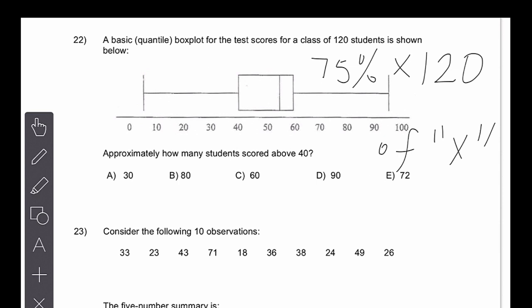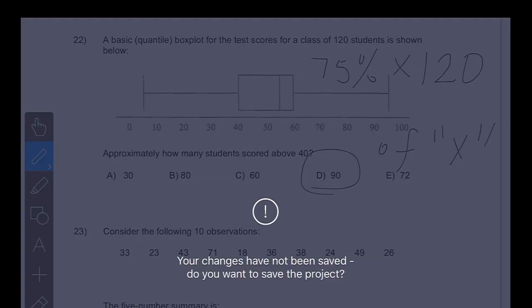That's why you have many exams, to see the patterns, see the similarities, and gain confidence. Okay, so try all the exams. So 75% of 120 means 0.75 times 120, and it is 90. So the answer should be D. Is that correct? Any questions? I'll save that.